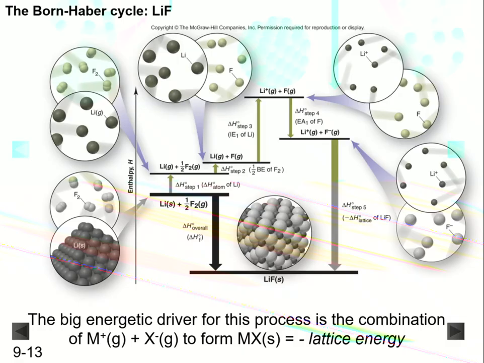So the big energetic driver for this process is the combination of the metal ion gas and the non-metal ion gas to form the metal, non-metal solid crystal. And that driver is minus the lattice energy of this process, minus the delta H0 of lattice of the ionic compound.